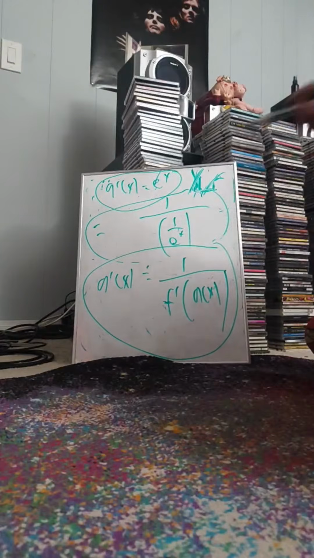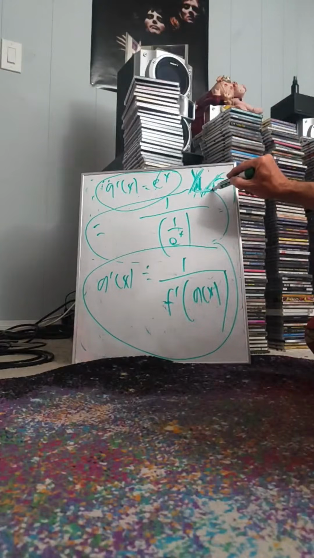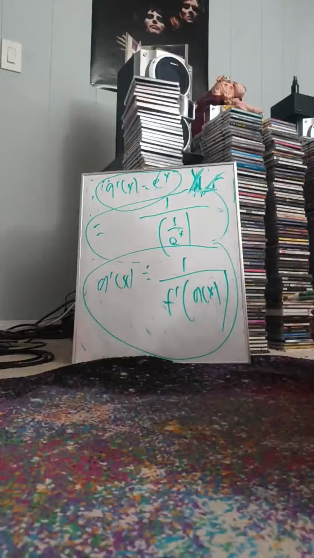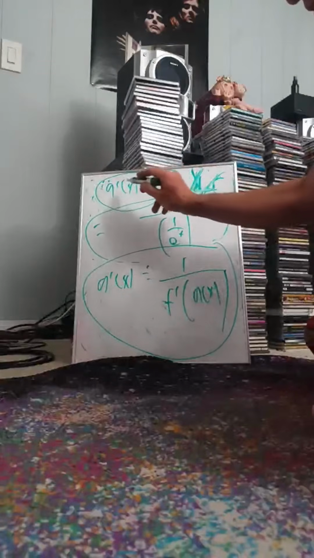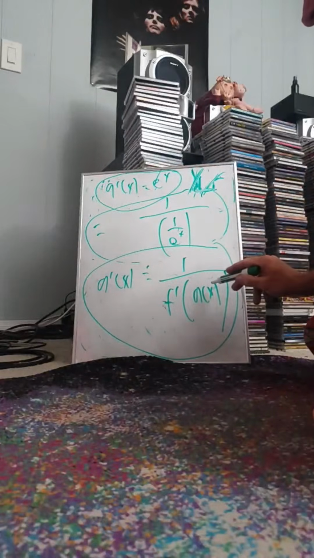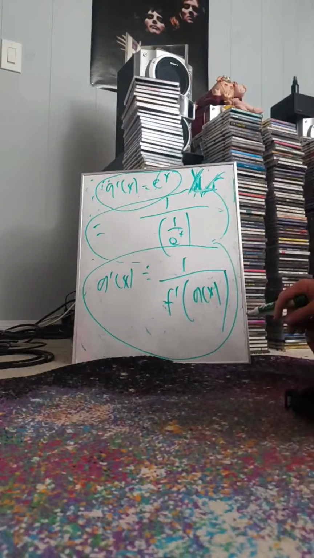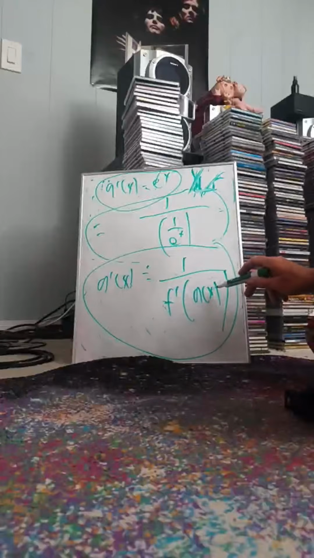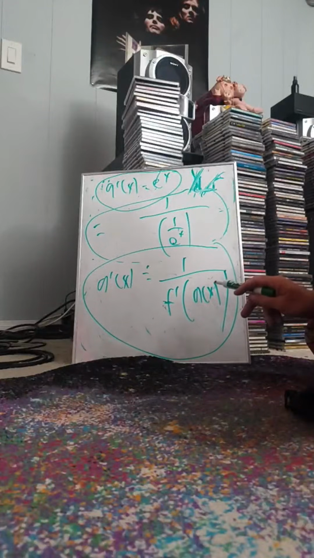Okay, let's check it out. G prime is equal to 1 over... Figure this out. G prime of x equals e to the x. So that's this, 1 over that. This is f prime of g of x.